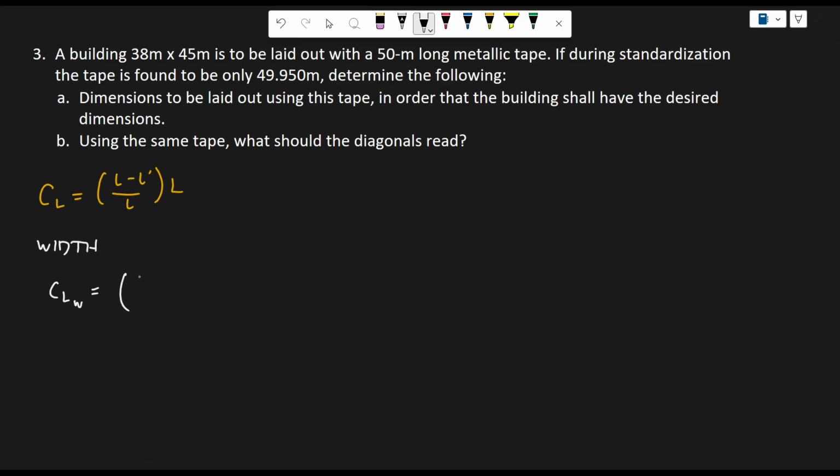And then the small l that we're going to use here is, of course, the 49.95 meters, and then minus 50 meters, which is our desired tape length, and then divided by 50 meters, and then we will multiply this by 38 meters.